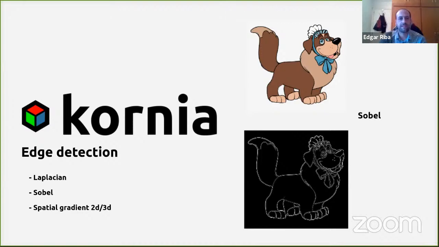And we also have this interesting spatial gradient operator, which computes the raw derivative in 2D, and also the 3D version of it, which is, I think, very interesting to explore new ways for research.